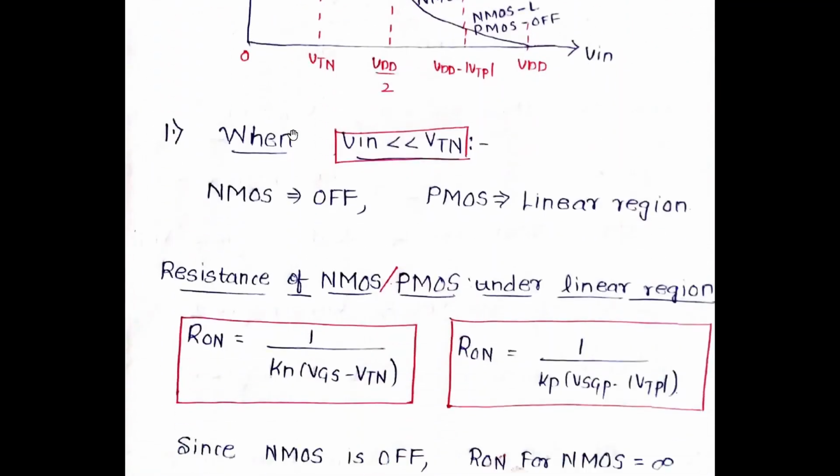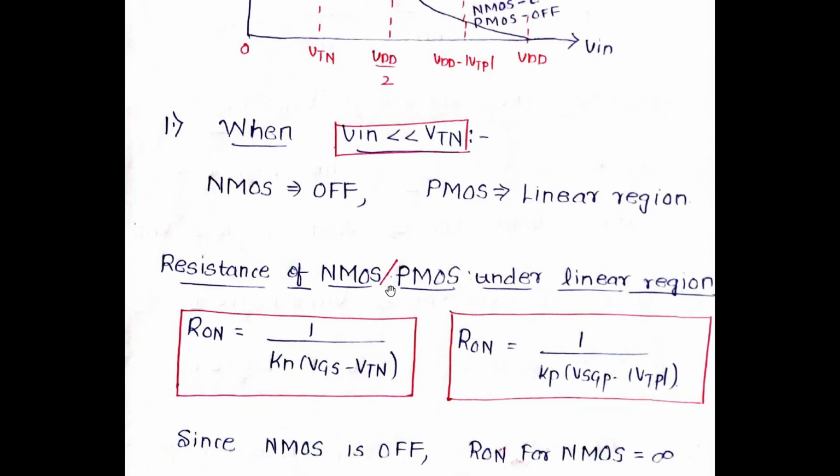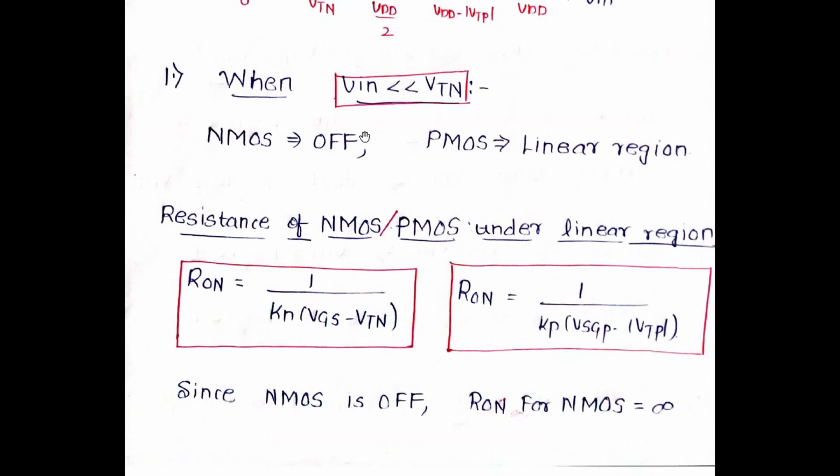When the NMOS is off, the resistance is very high and there is no current flowing through it. The resistance of an NMOS or a PMOS is given as R on equal to 1 by Kn into VGS minus VTN, and R on is also equal to 1 by Kp into VSGP minus mod VTP.